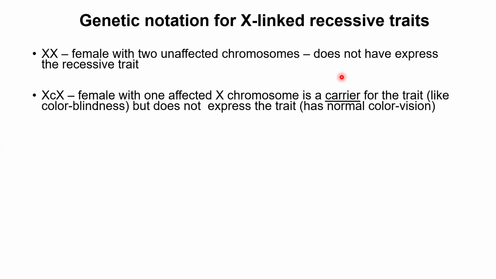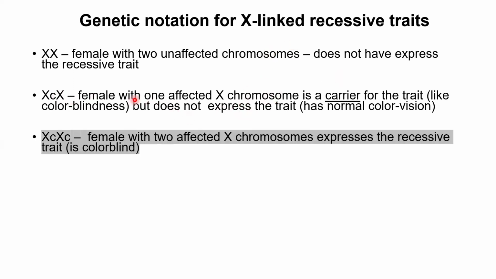Then XCX, where the C here stands for carrier, so one is a carrier, one is not, but it does not express the trait because, since it's recessive, it wouldn't show up in that female. Now, if there's two carrier Cs, where both are the affected one, then the recessive trait is expressed, like in cases of color blindness.